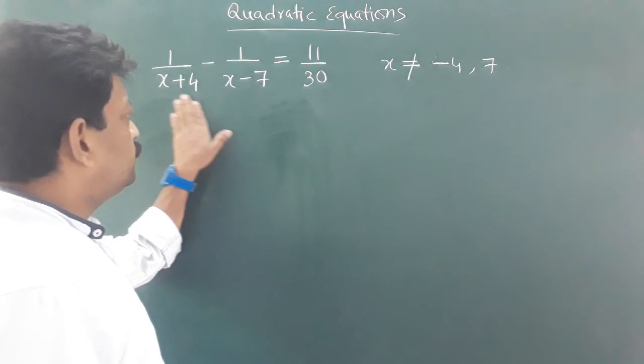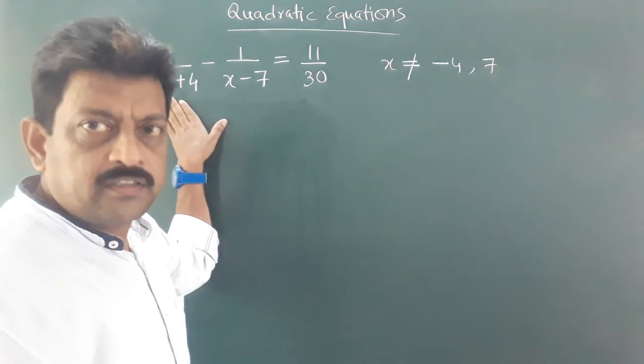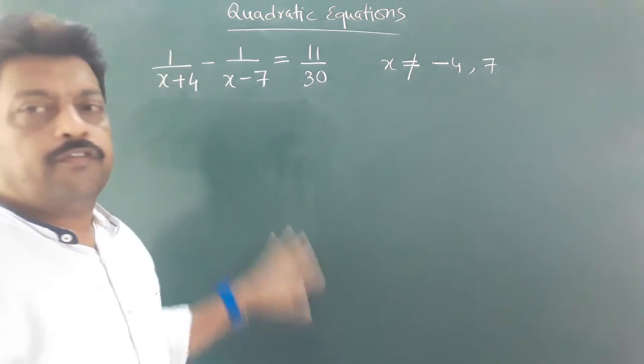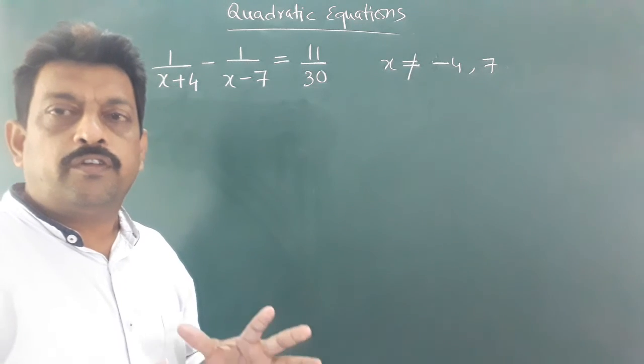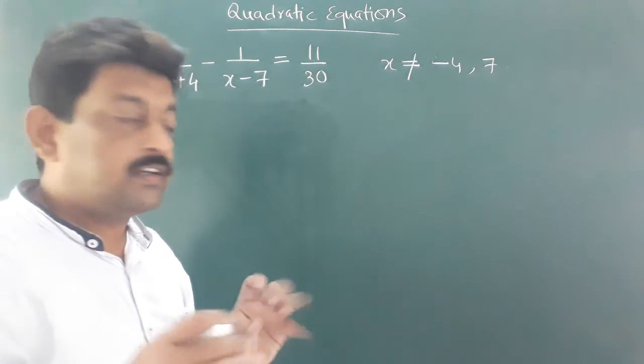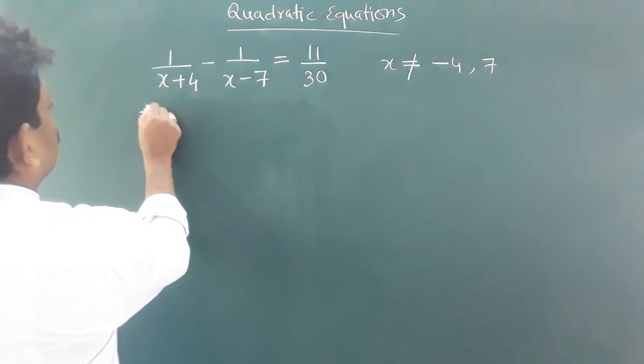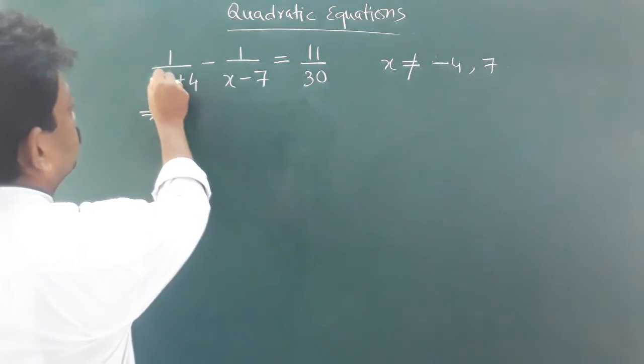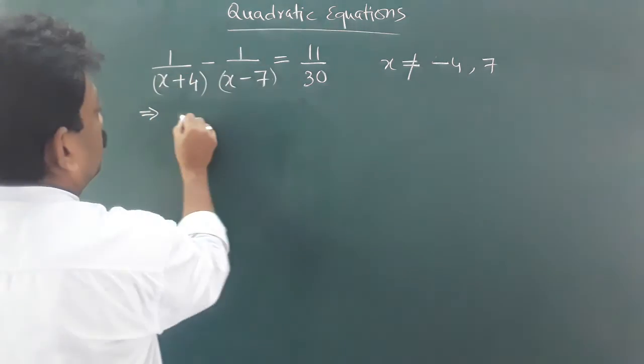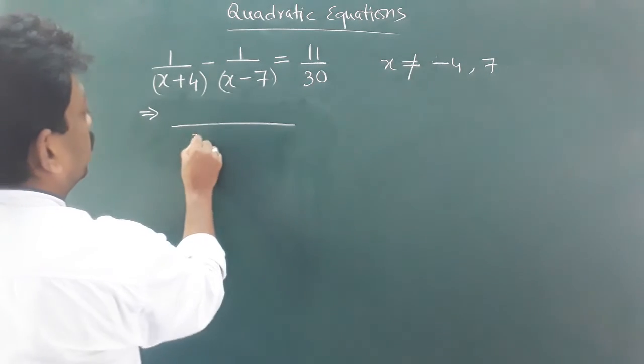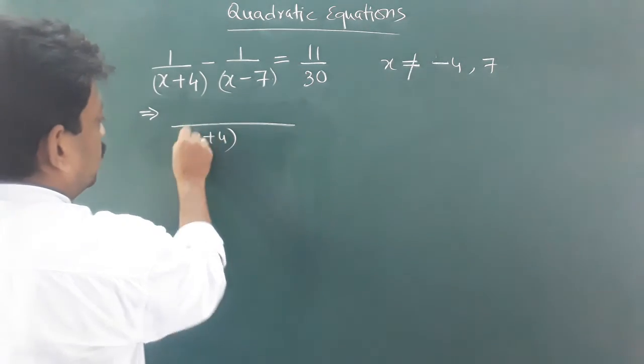Since, as you can see, these are fraction type terms, first of all we have to go for LCM and simplify directly. So the LCM of these two factors x plus 4 and x minus 7 will be x plus 4 multiplied with x minus 7.